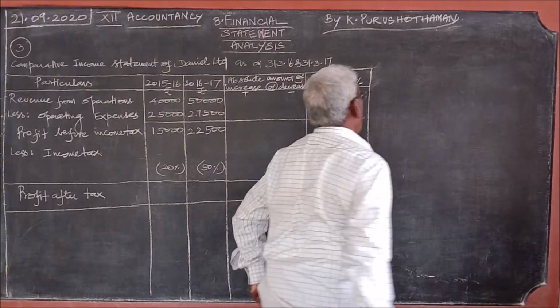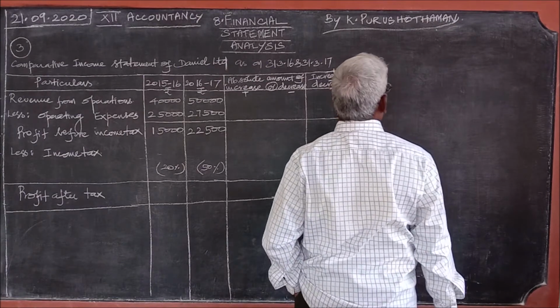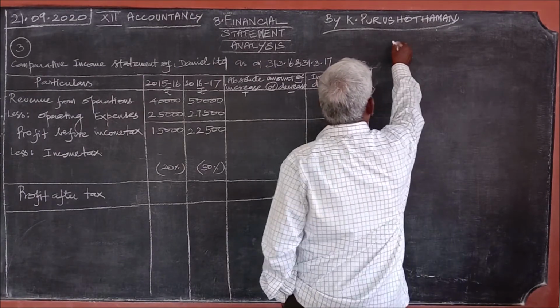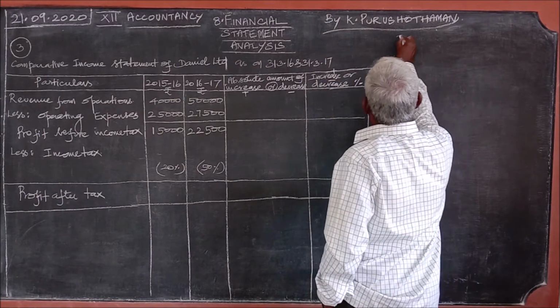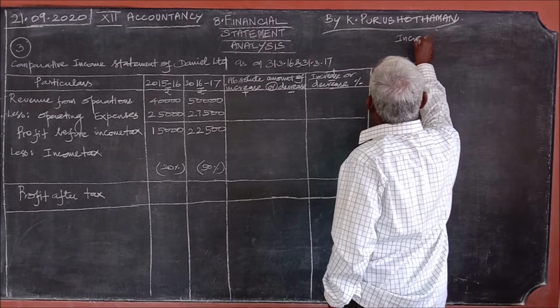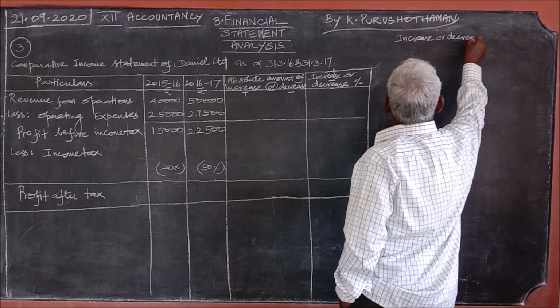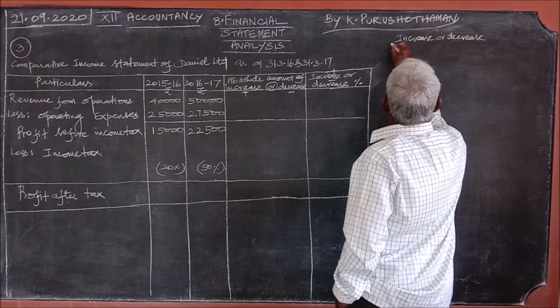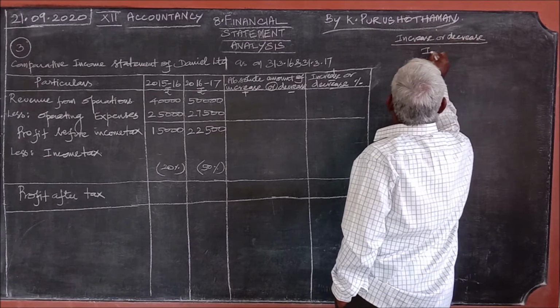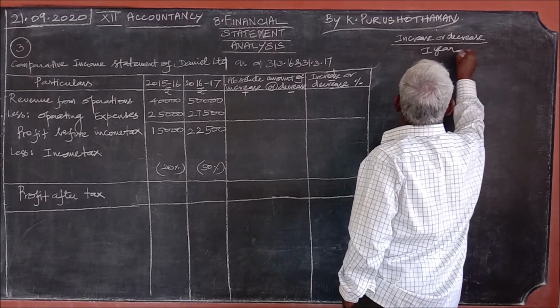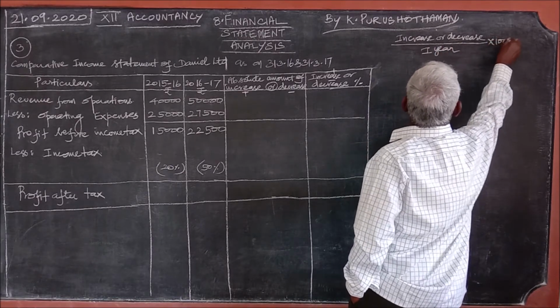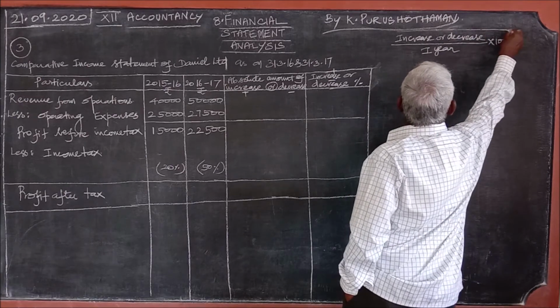Now, what should be the formula? I said already: increase or decrease by first year into 100. You should bear this in mind.